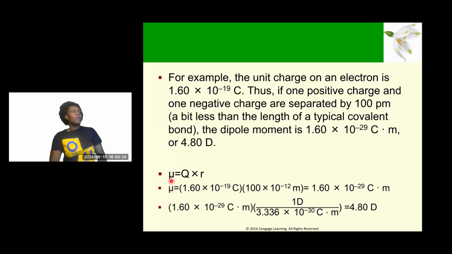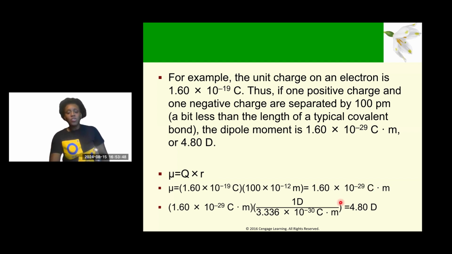So you see your dipole moment, mu, is equal to Q times R. So if Q, which is your charge in coulombs, times your distance equals 1.6 times 10 to the negative 29, you can simply do that by just moving your decimal place over.